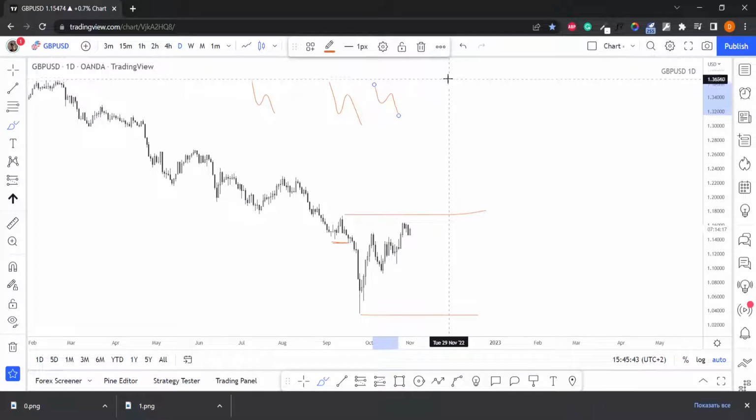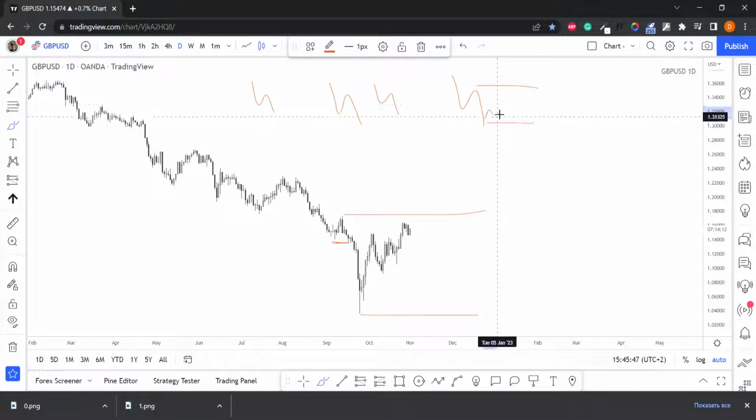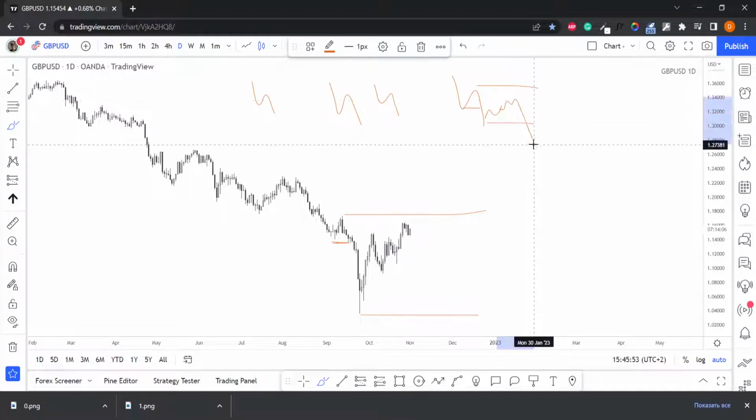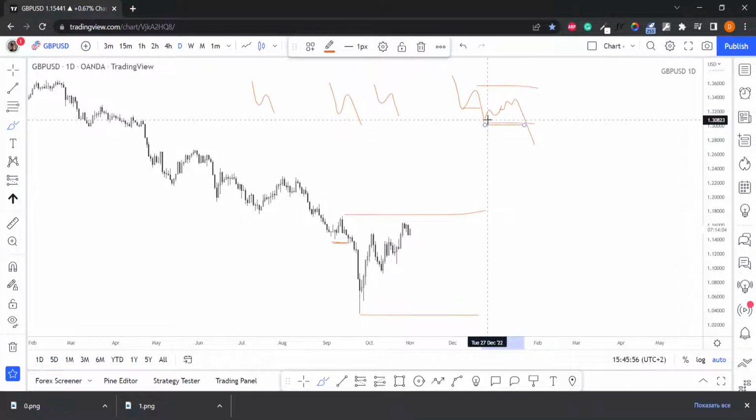Why? Because you know that structures tend to hold, and structures, once created, they will want in the future to break it in the same direction, create new low, new break of structure, and continue the creation of structure. Again, why it happens, and some things about liquidity and S&D zones and so on we'll discuss later.